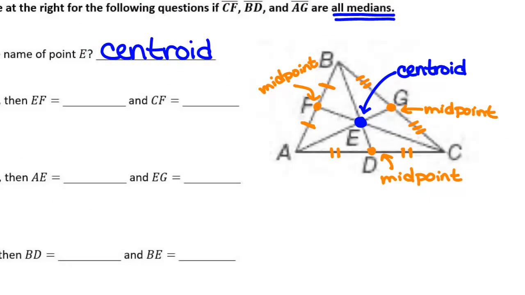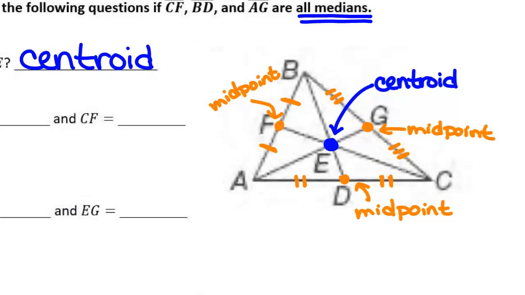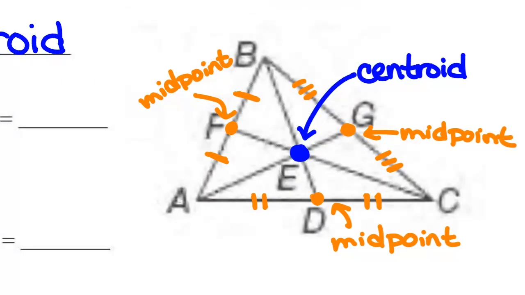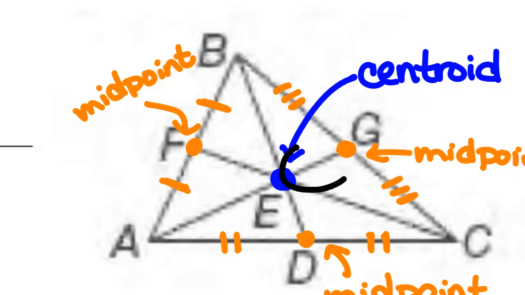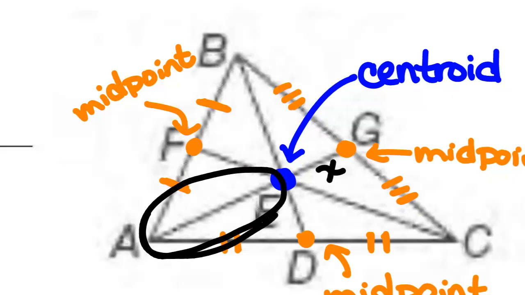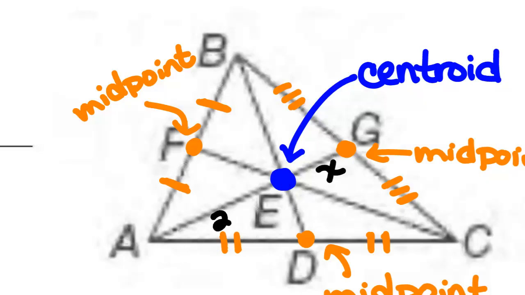Now when we have the medians, this is where we did the 1x, 2x, 3x thing. How do I decide where just the x goes versus the 2x? Smaller segment, yes. So it has to go from the centroid to a midpoint. That would be an x. Centroid to a vertex, like right here, that would be a 2x.